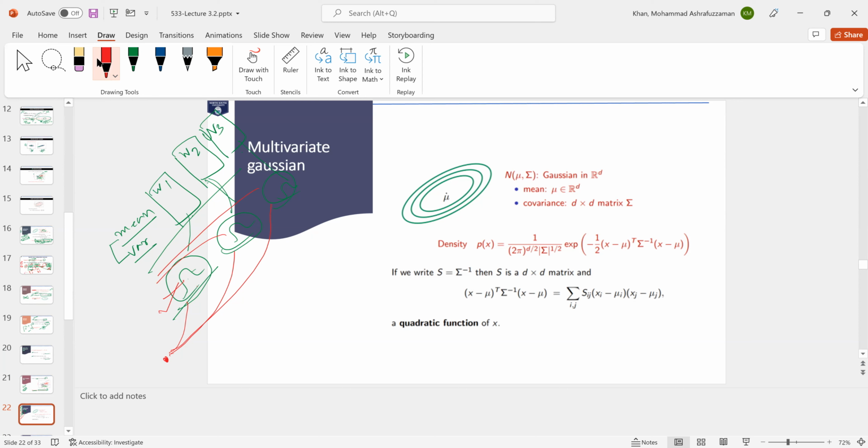Okay, now here we can simplify the term. For example, this is the term. Now, if we write S as this, and then we can simplify this term as this.